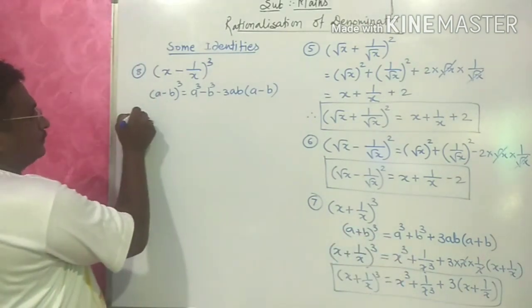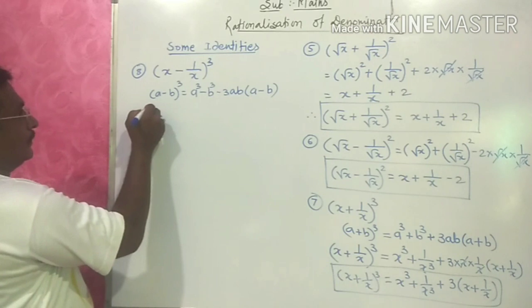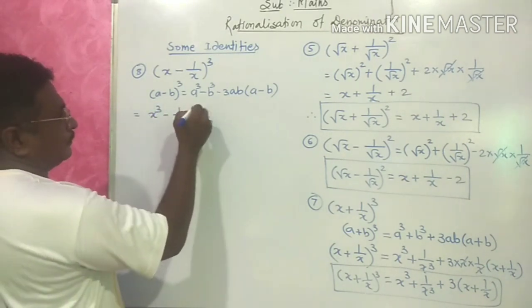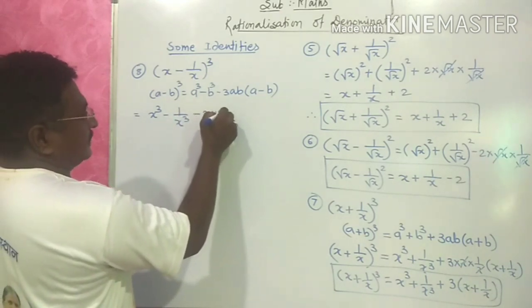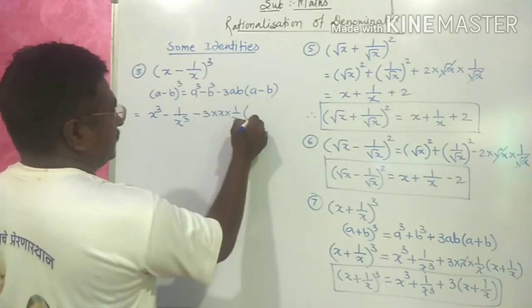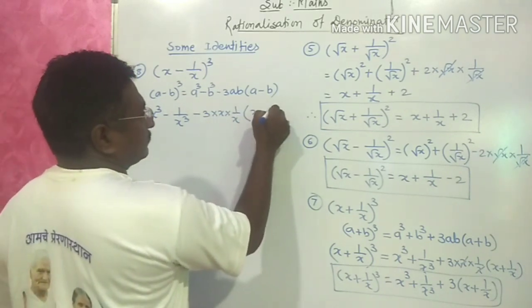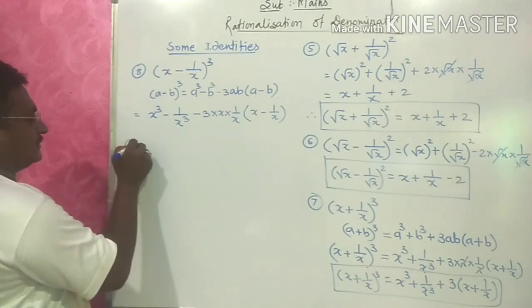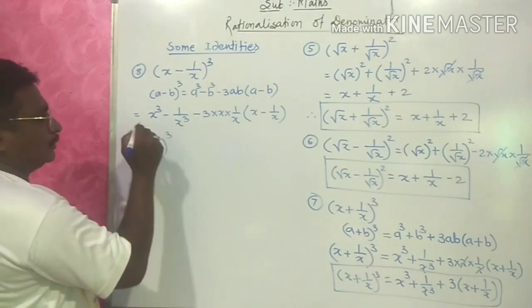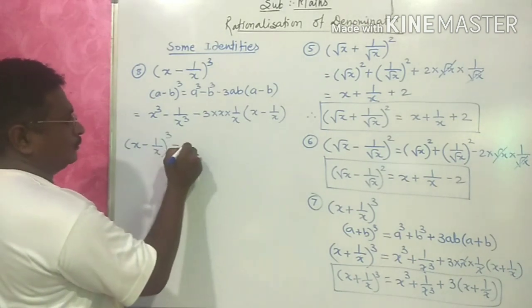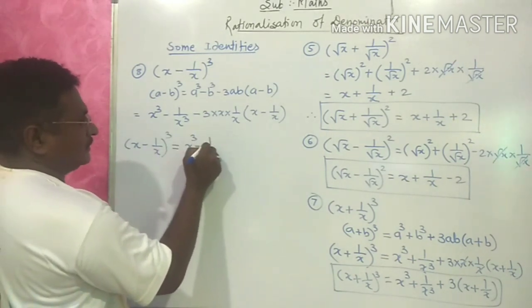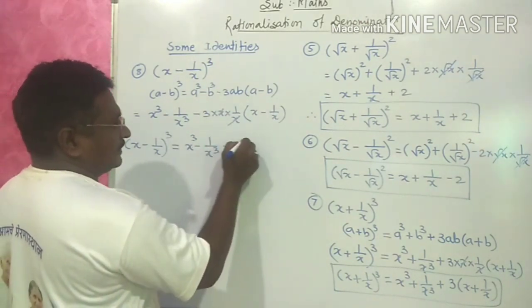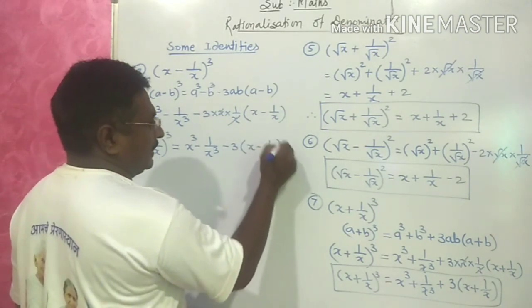So x minus 1 by x whole cube equals x cube minus 1 by x cube minus 3 into x into 1 by x into x minus 1 by x. x cancels, minus 3 into x minus 1 by x.